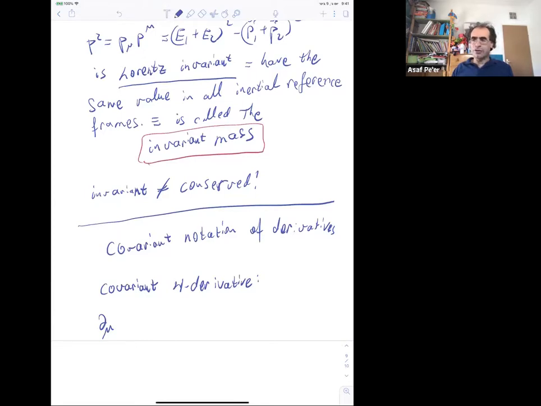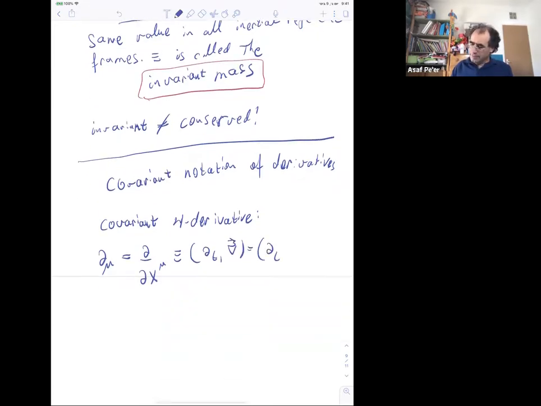Again, pay attention to the notation. Another way of writing it is d over dx mu, now as a superscript. This is just dt and nabla. So just dt, dx, dy, dz. Right, d is a partial derivative, that you're all familiar with.